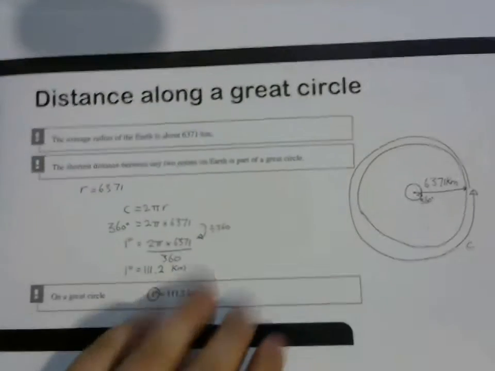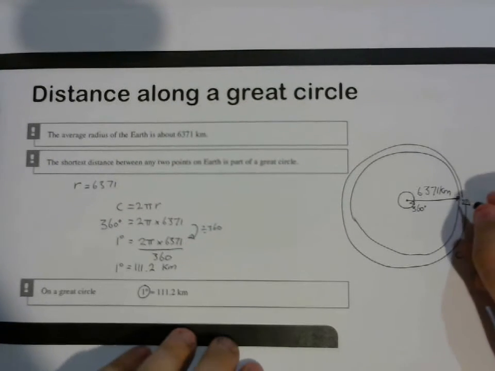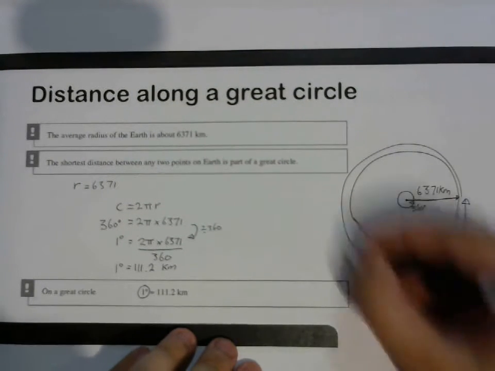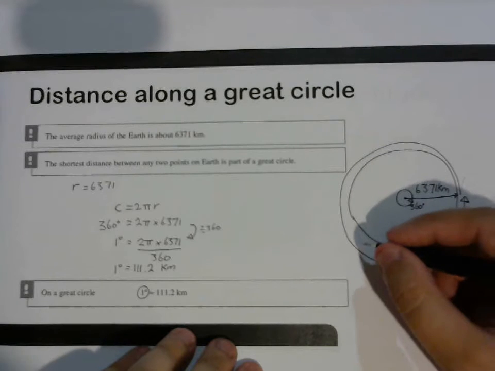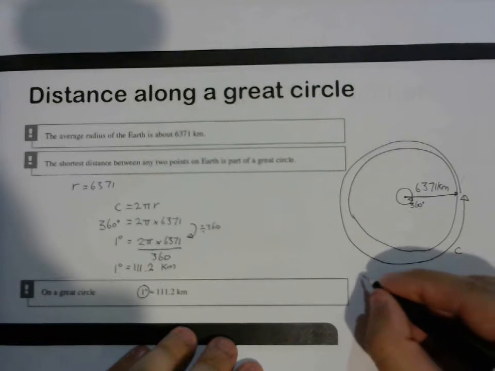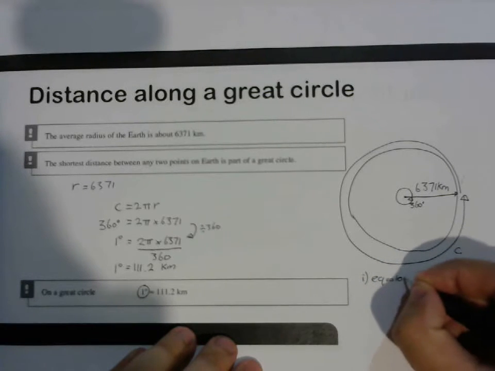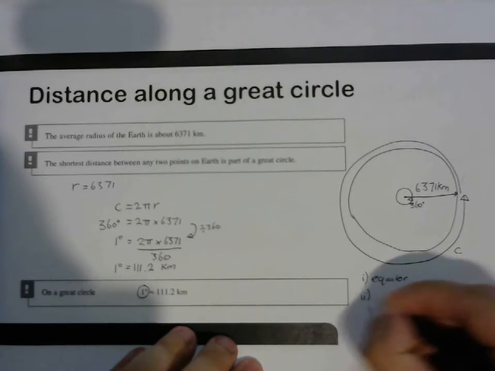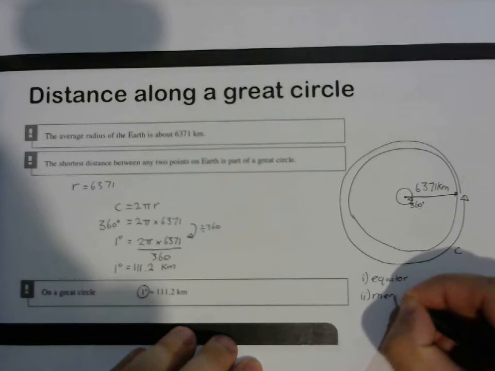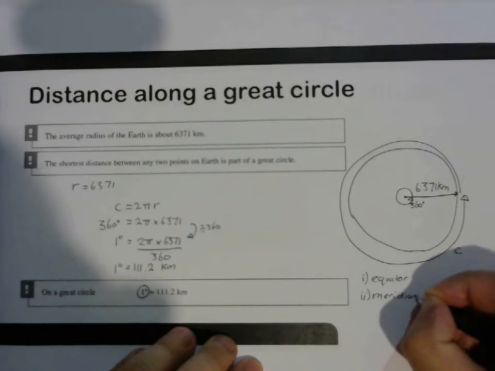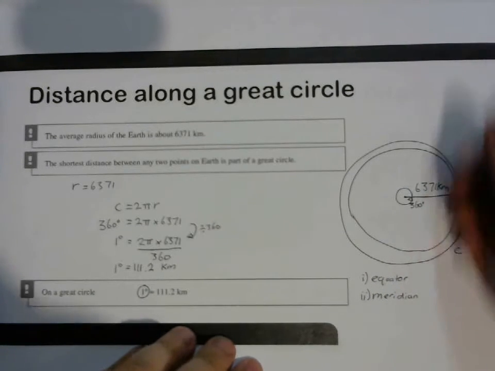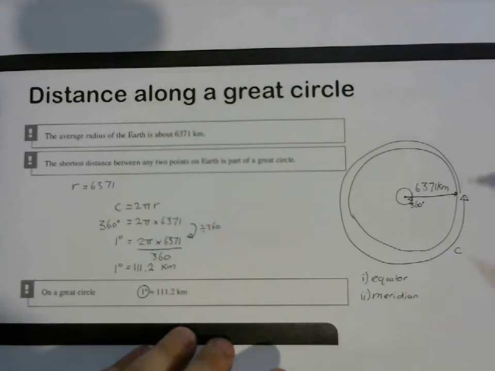Now, this works for any line that is a full circle around the Earth. So this applies for either the equator or a meridian, because both of those go all the way around the Earth.